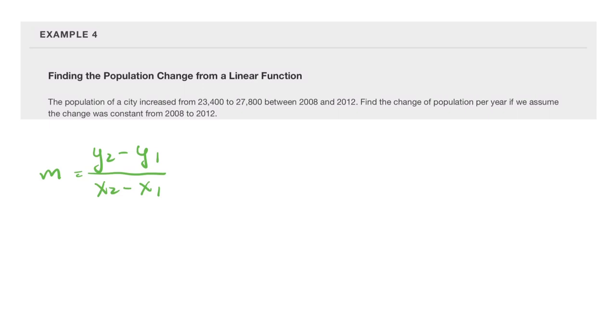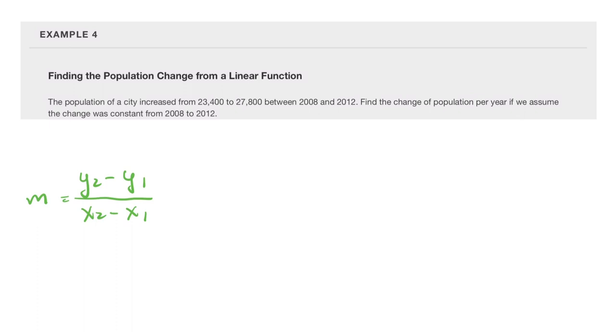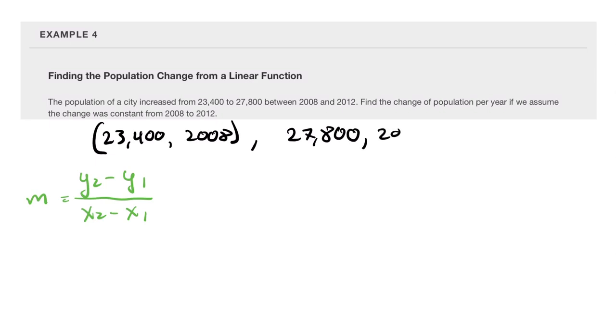Now, we're given a set of ordered pairs. Let me rearrange this a little bit. It increased from there to there. The 23,400 corresponds to the year 2008, and the 27,800 corresponds to 2012.